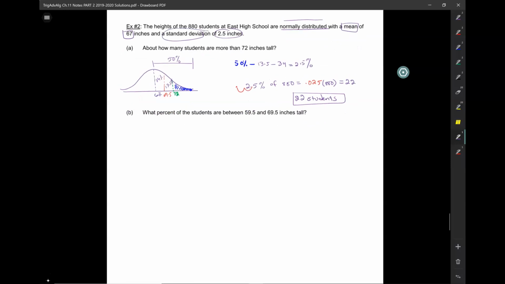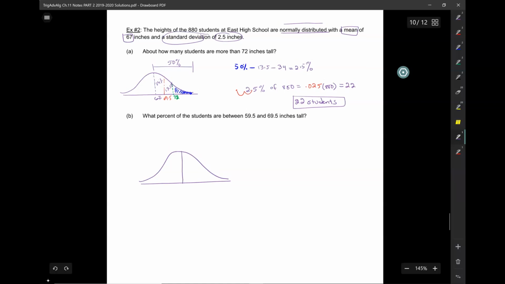Now, another question, same problem. What percent of the students are between 59.5 and 69.5 inches tall? So I'm just going to draw it again. My mean is 67. All right, 59.5 and 69.5.